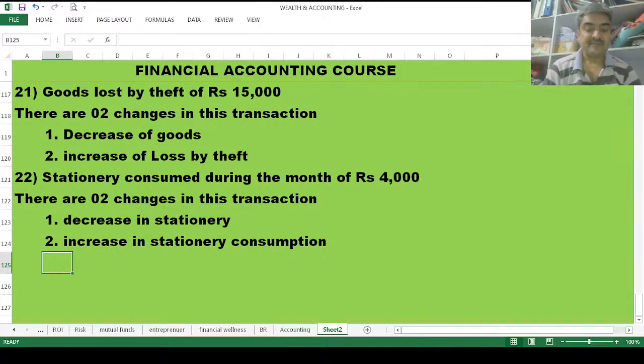Okay, so on the one hand an asset is decreasing, and on the other hand an expense is increasing.